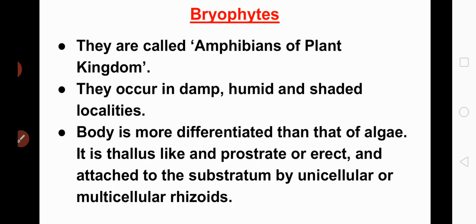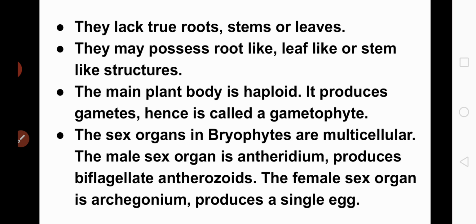Here also true roots, stems, and leaves are absent. Instead of roots, they possess rhizoids. The thallus is attached to the substratum with the help of rhizoids, and the rhizoids may be unicellular or multicellular.